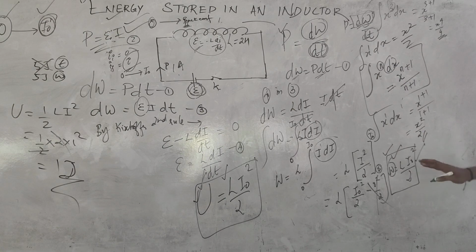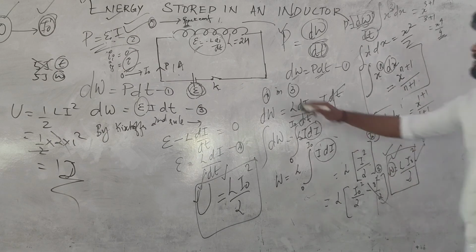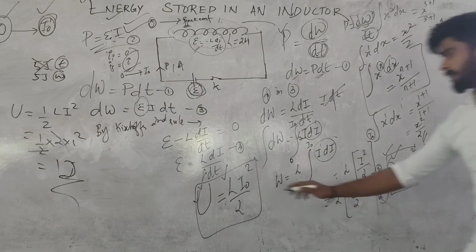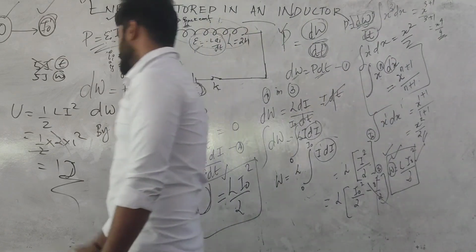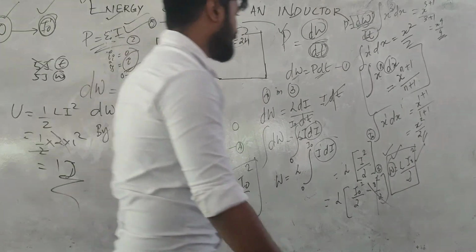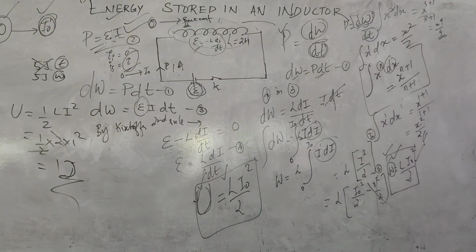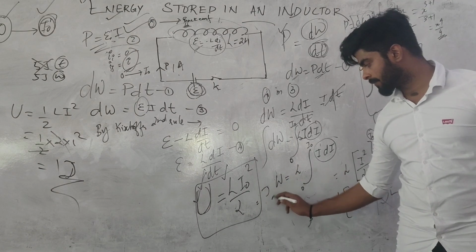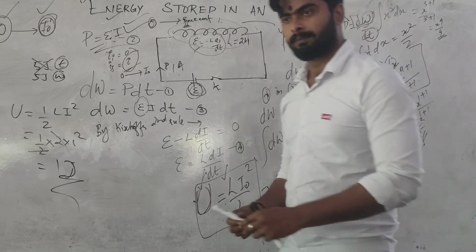And this work done by the inductor will be stored in the form of energy. This will be the energy of the inductor. Clear? So we have written U, which is energy, as L I0 square by 2, where L is self-inductance and I0 is current. Clear? What will be the unit of energy? It is joules. Clear? Note it down.